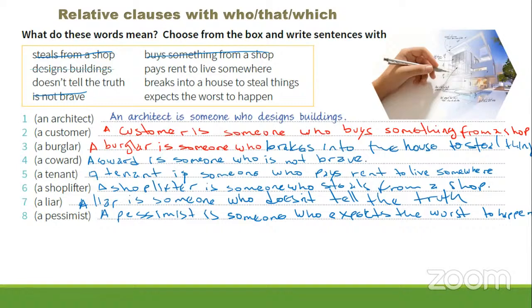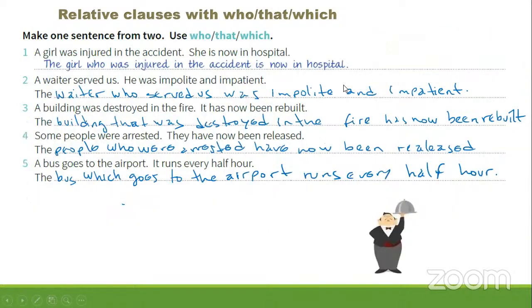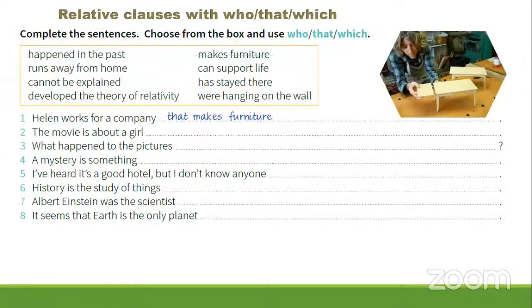And a shoplifter is a kind of burglar, una especie de alguien que roba. A shoplifter is someone who steals from a shop, que roba de una tienda, ¿no? Something like that. These were some examples only.